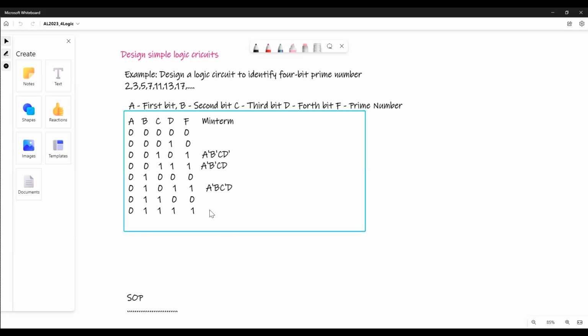So the last one, I think I didn't put it here, so let me put the last one.